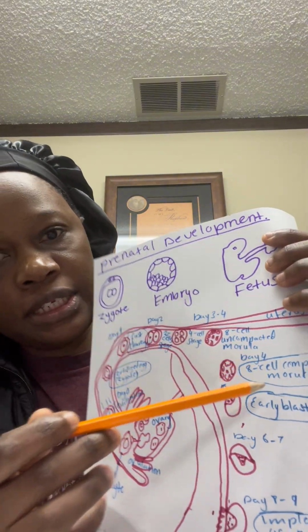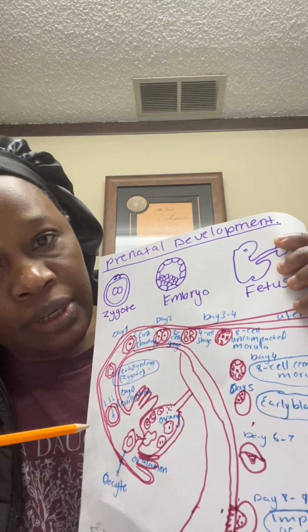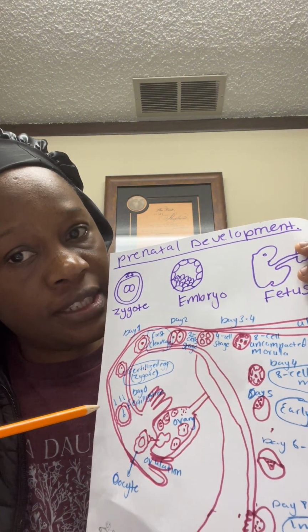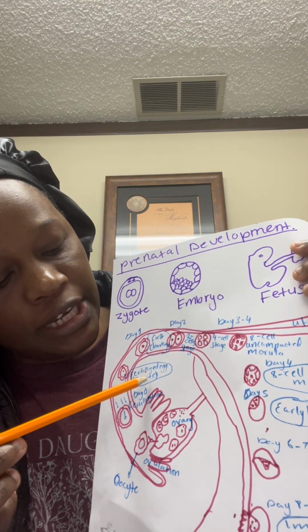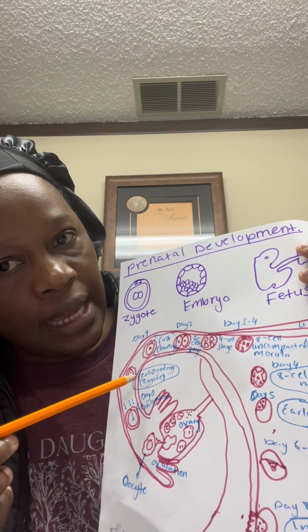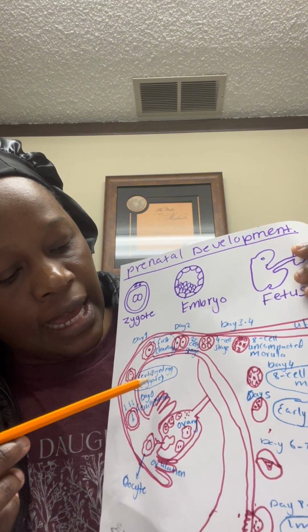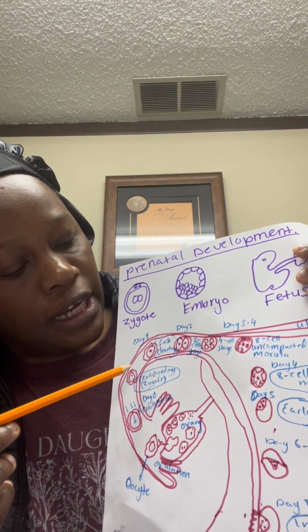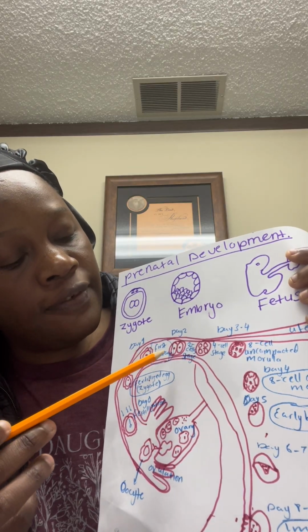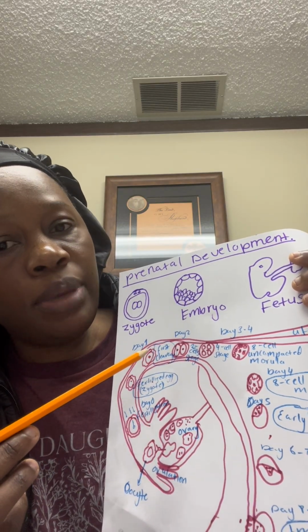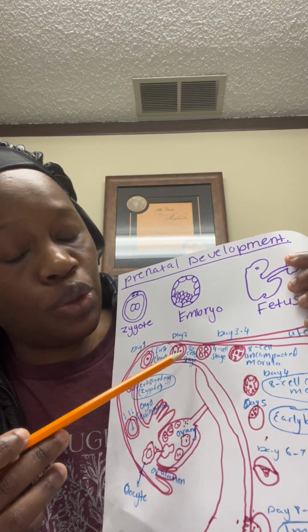In the cellular progression, we have 5 stages. The first stage is fertilization, when the sperm and the egg meet and the egg gets fertilized. The second stage is cleavage, when the 2 cells begin to divide rapidly but with no growth.